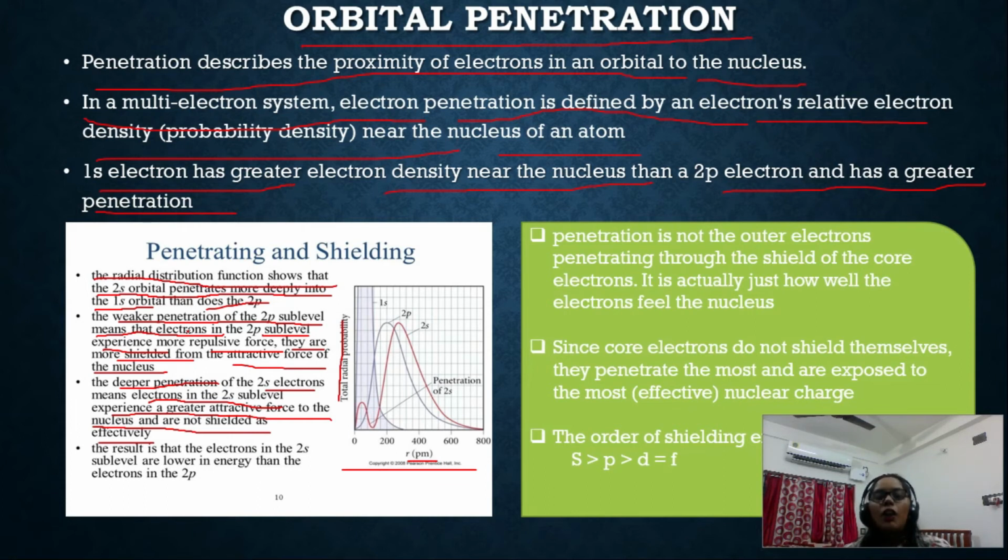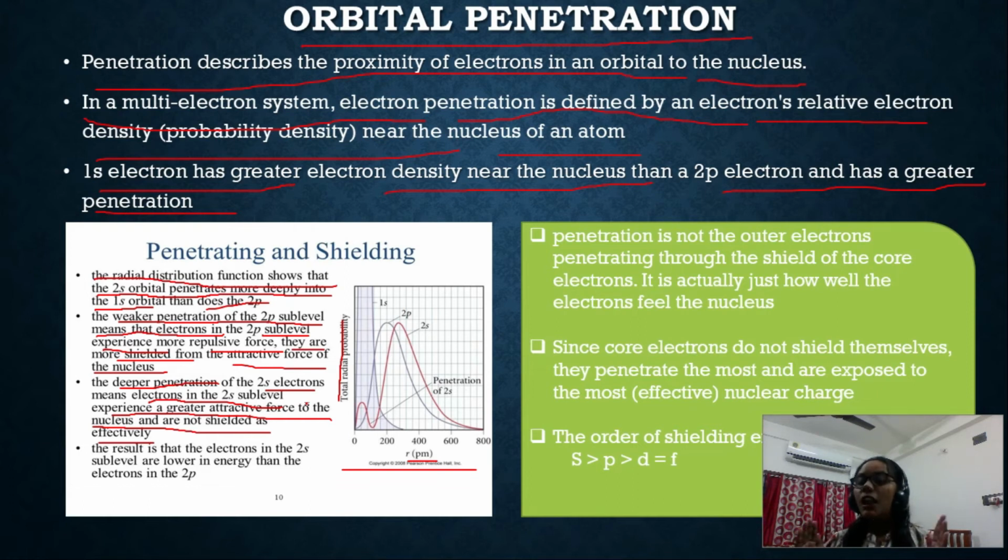Now for the deeper penetration of the 2s orbital, what does it mean? The 2s electrons are interacting with the nucleus more.